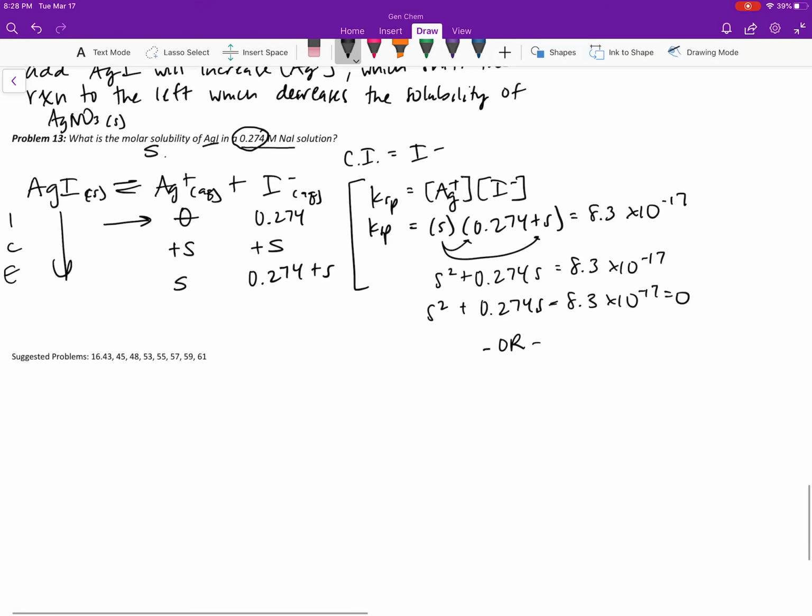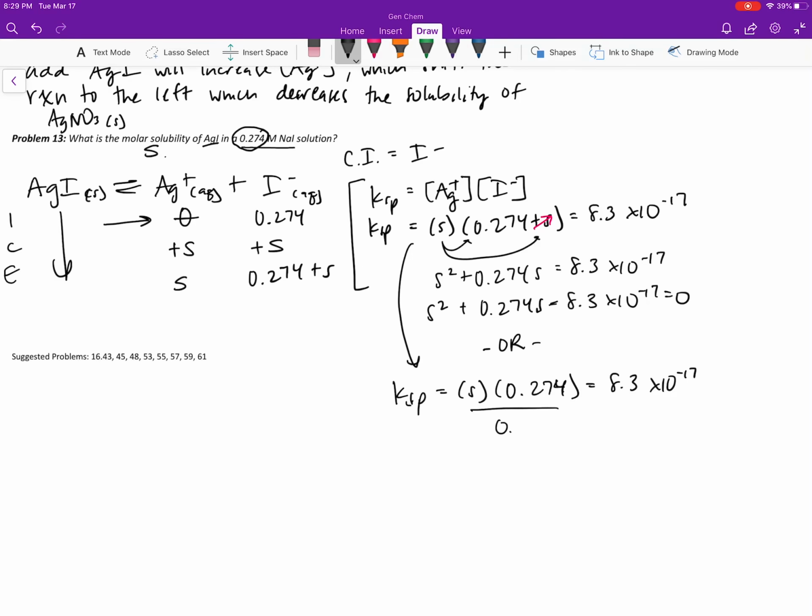So what we can do is assume that the KSP is equal to this, because whatever S is equal to is going to be so small that it's not going to have hardly any change on the value of 0.274. We'll know if that's right because we'll know what S is equal to. It's either going to be a big number or a tiny number. I'm going to divide out 0.274, and S is equal to 3.03 times 10 to the negative 17th molar.